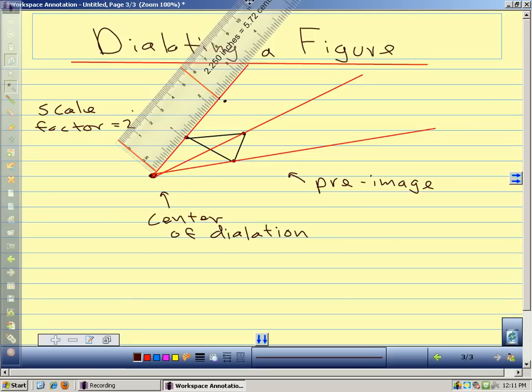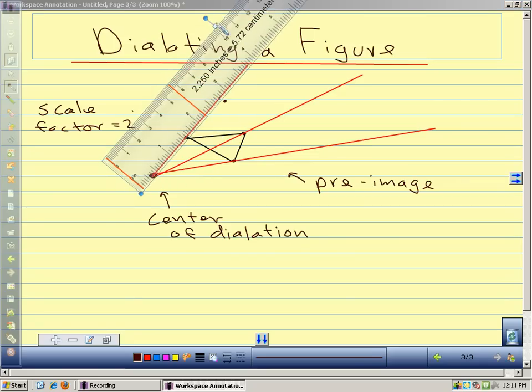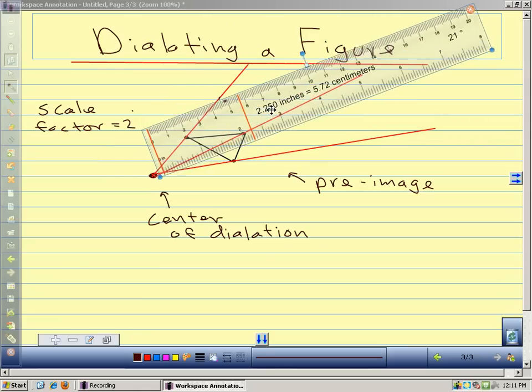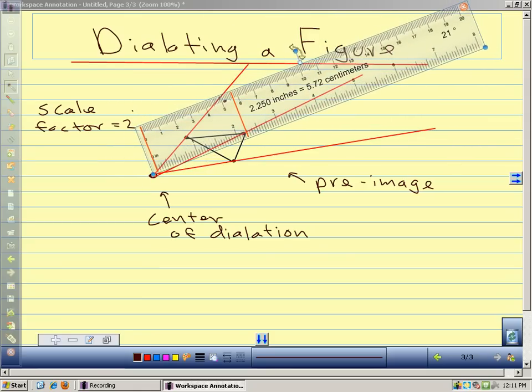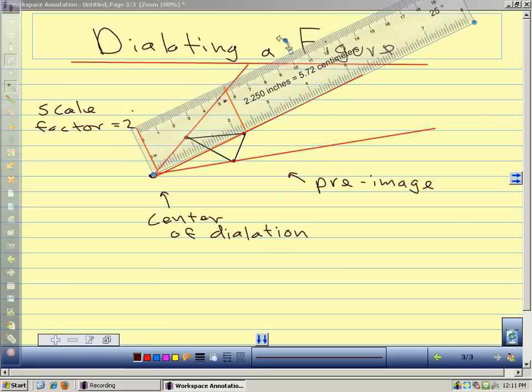So I'm going to rotate this around. From the center of dilation to that vertex is about 2.12. So now I'm going to multiply that by 2 and go to, I'm sorry, 4.24. Whoops, go a little further.